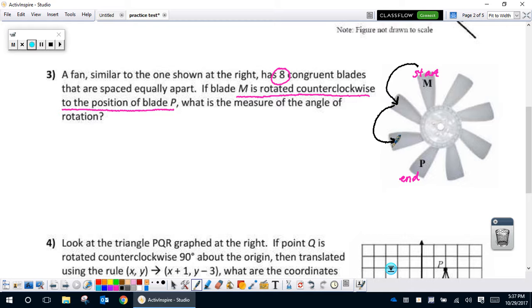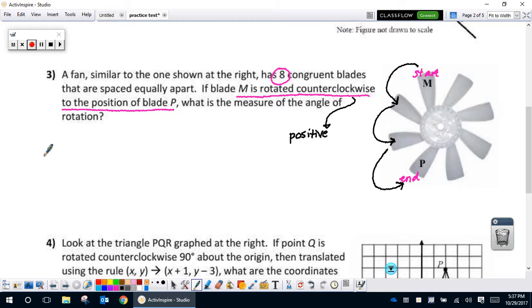Okay, so that's a good setup to have. You also want to remember that counterclockwise means your answer is going to be positive. Clockwise, your answer would be negative.